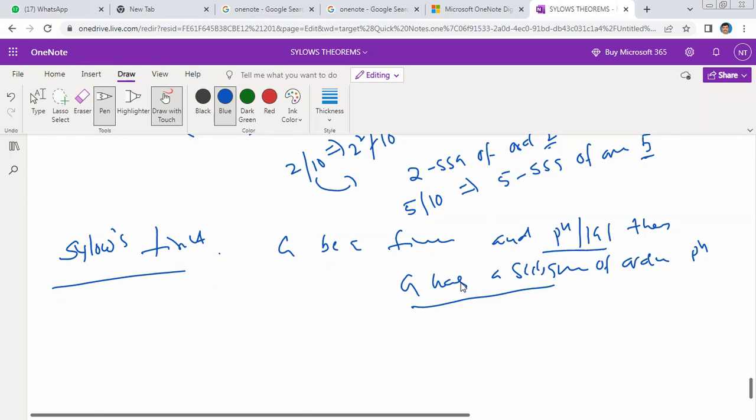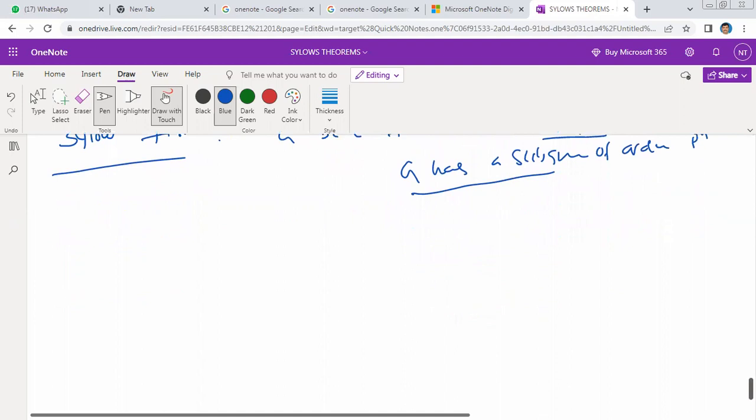Then we also discussed Sylow's second theorem. What is the statement of Sylow's second theorem? Anybody? Sylow's second theorem: any two P-Sylow subgroups are conjugate.